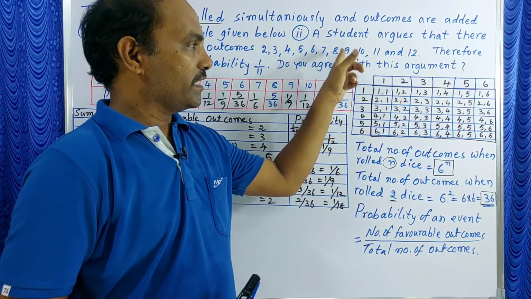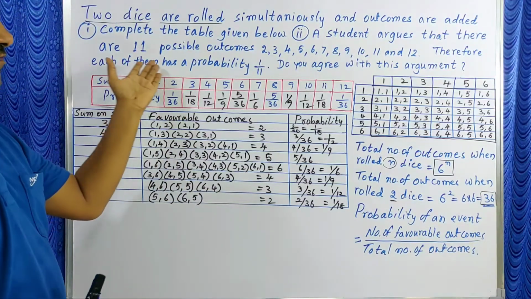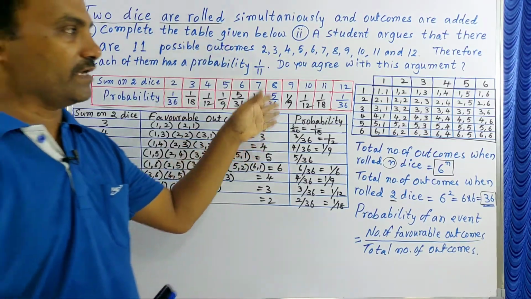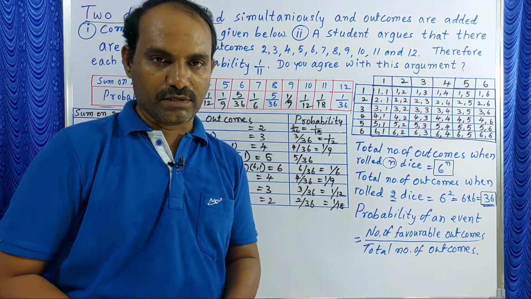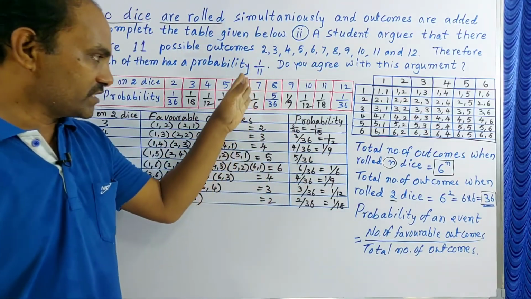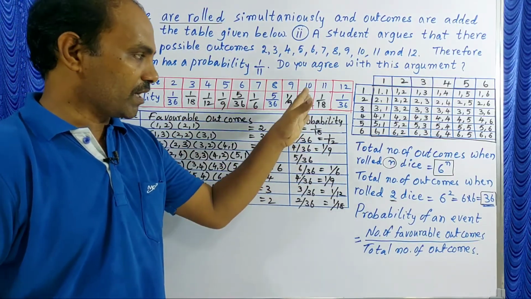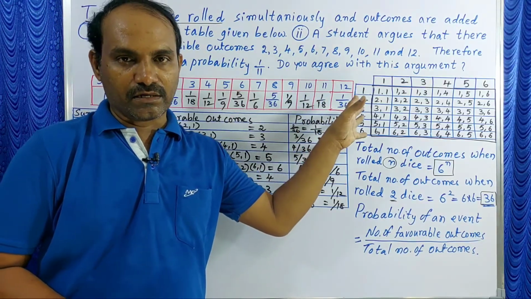And the second one: a student argued that there are 11 possible outcomes, 2, 3, 4, 5, 6, 7, 8, 9, 10, 11 and 12. Therefore, each of them has the probability 1 by 11. Do you agree with this argument? Why? Because check once all the probabilities. All probabilities become different. Why do they come different here?